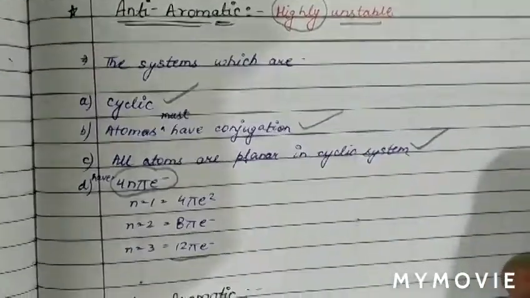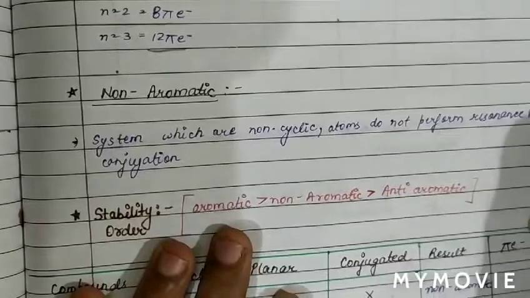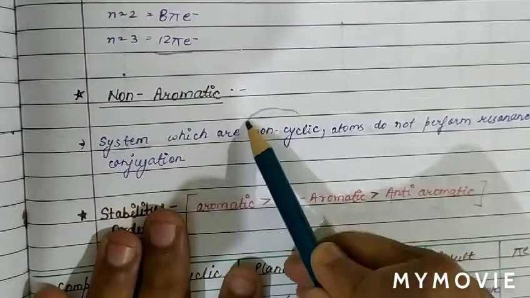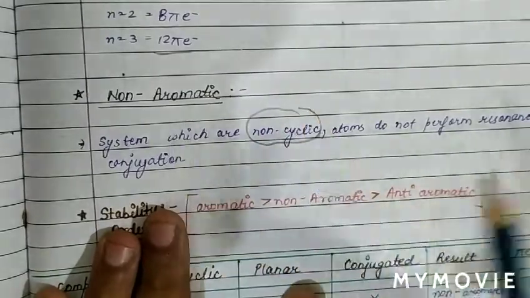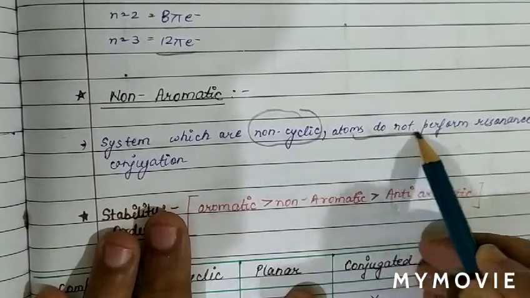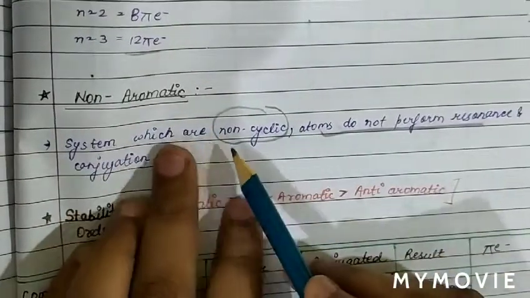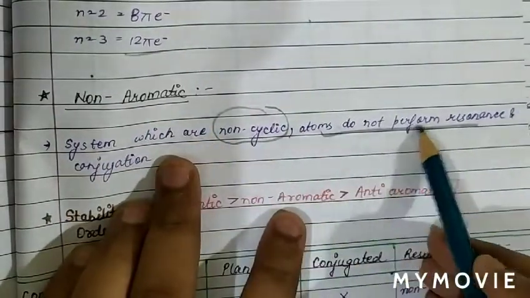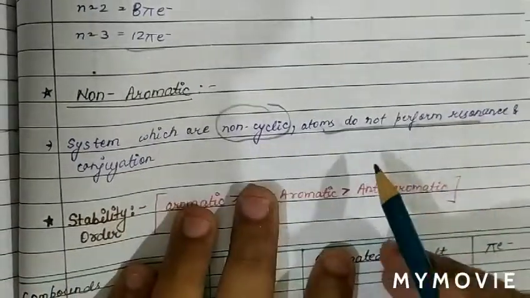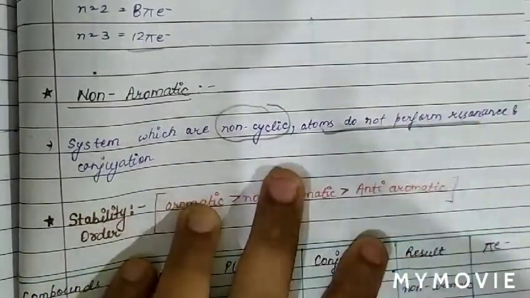Now we discuss the next system, which is the non-aromatic system. What is a non-aromatic system? If the system is non-cyclic, then atoms do not perform resonance and conjugation.